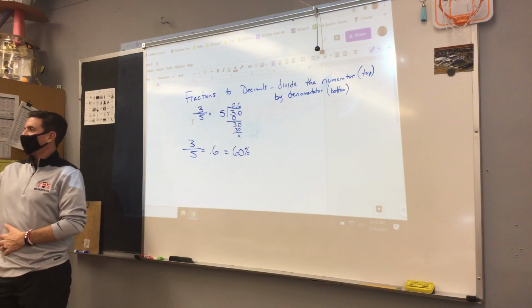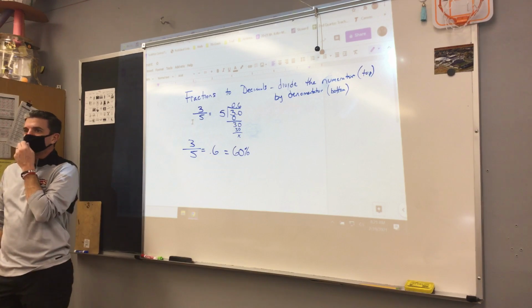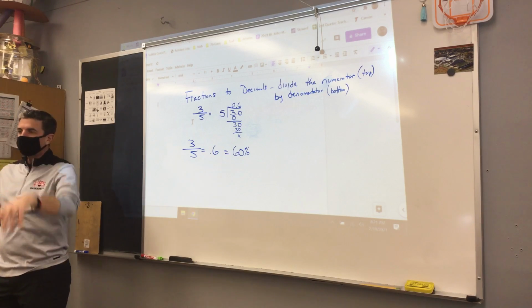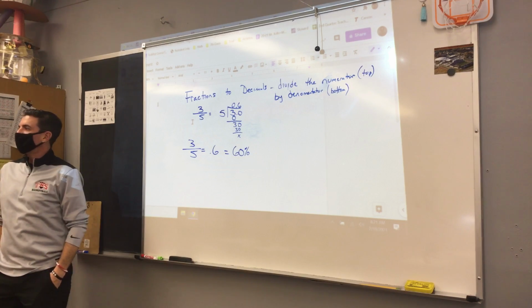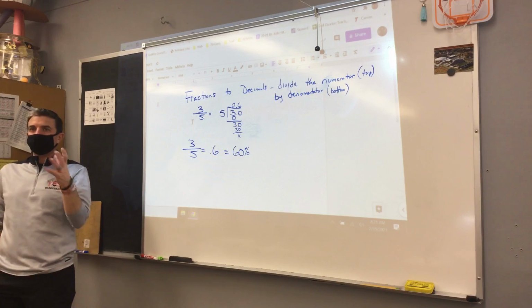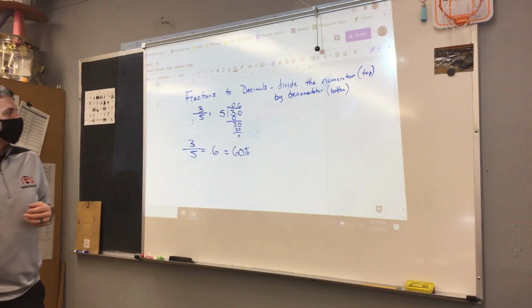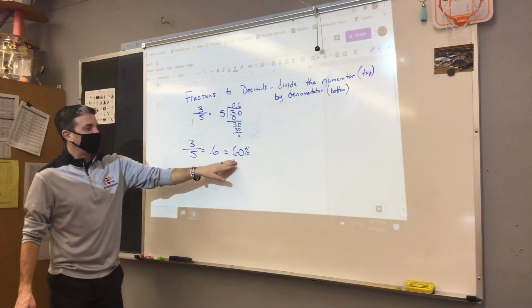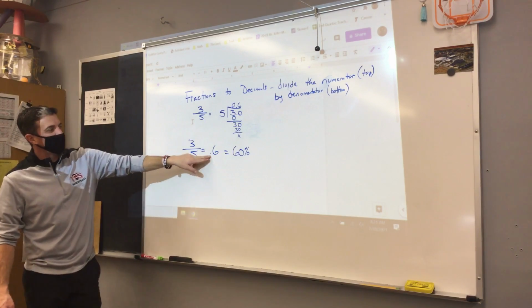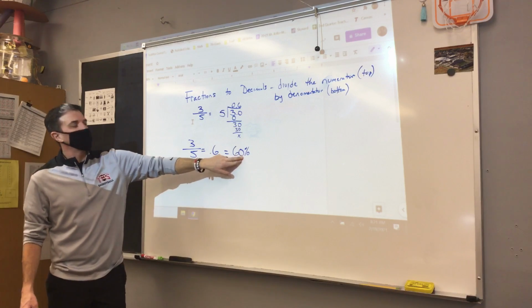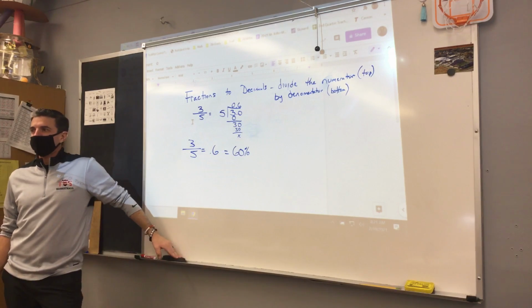Is it good at shooting half-court shots? Yes. Is it good at shooting from 150 yards away with a bow and arrow into the target? Absolutely. But whatever it is, that's all relative. But that's how you find it. You divide 5 into 3, you get your decimal, and that's how you convert to percent.